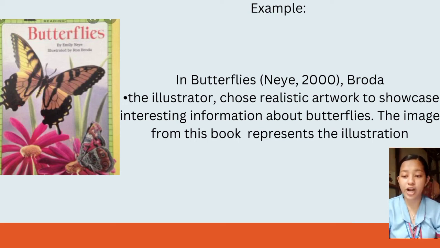Another explanation regarding that is that in the book Butterflies by Brenda, the illustrator chose realistic artwork to showcase interesting information about butterflies. The image from this book represents the illustration throughout. On this page, the illustrator has created contrasting images of where butterflies live.